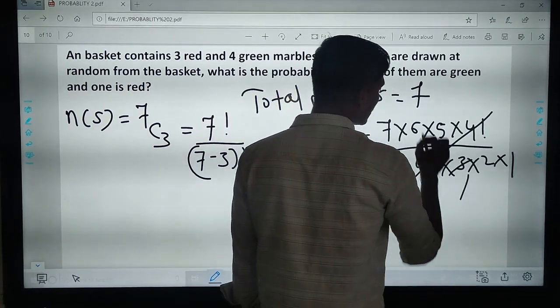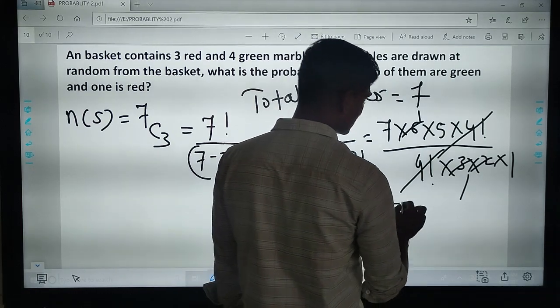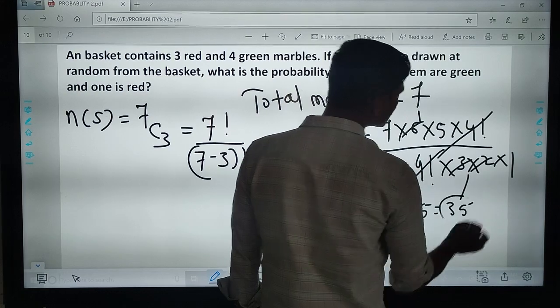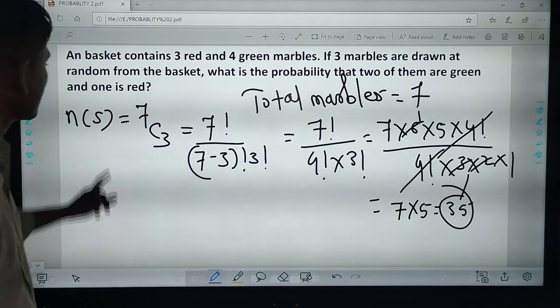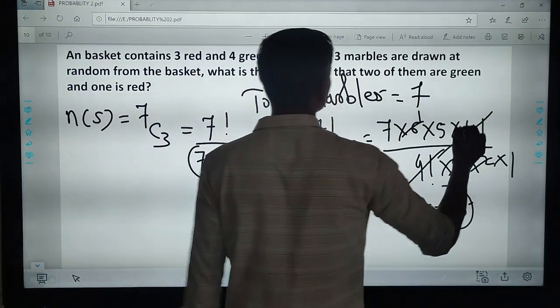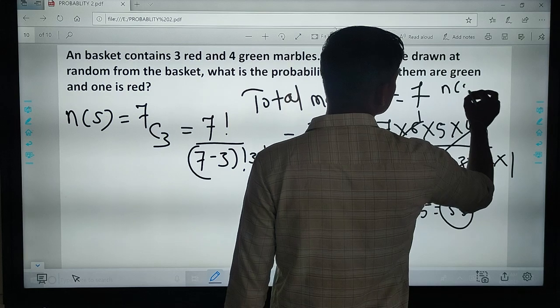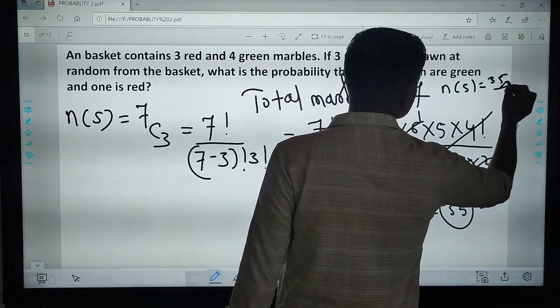Then 3 1s are 3, 3 2s are 6. Here remain 7 into 5, that is 35. Then N of S is equal to 35.